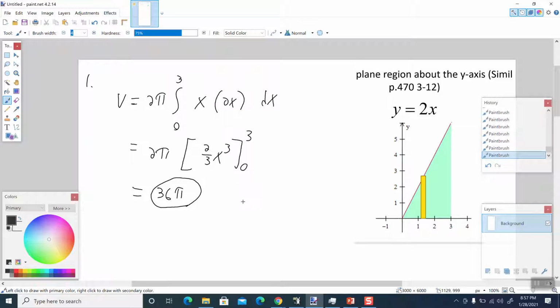Questions on that one? So in this one, you're rotating about y, but everything is expressed in x, right? Right, because it's bordering the x-axis. So yeah, it's weird because you're going around the y, but then everything has to be in relation to the x.